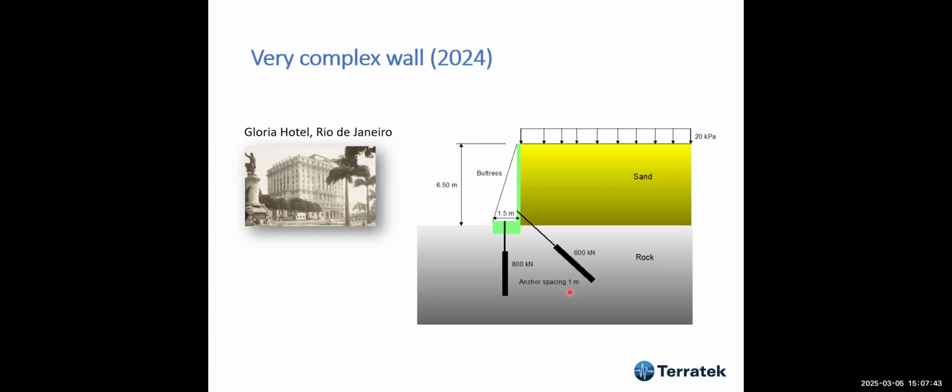So we put this wall, about 6.5 meters high, and this wall with this very small base had to be anchored in order not to overturn. So this was one of the most complex because of the geometry constraints in the basement of an existing hotel, a very old hotel, which is protected.